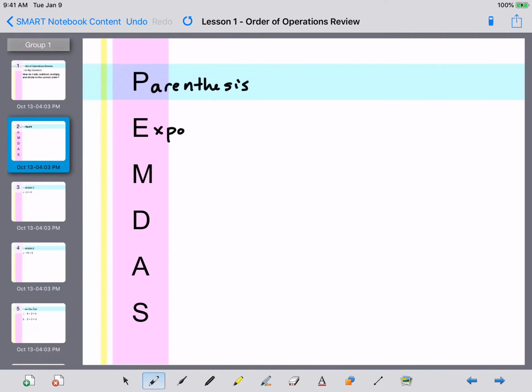Exponents is what E stands for, and we will not be covering these in this unit on word problems, but just a quick little explanation of exponents. For example, 2 to the power of 3 means that you multiply 2 by itself 3 times. So this means 2 times 2 times 2, and then you just go from left to right.